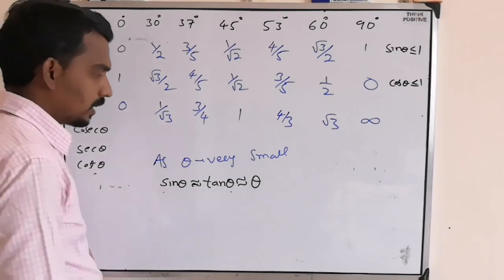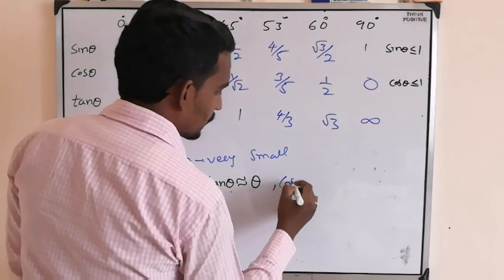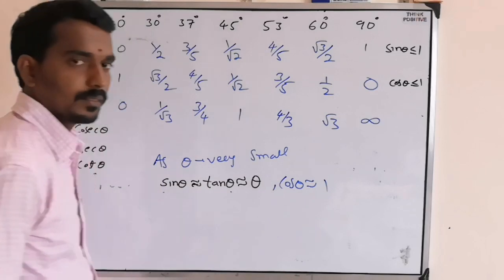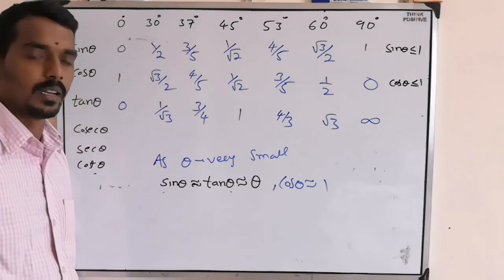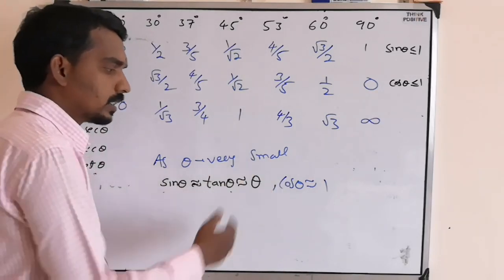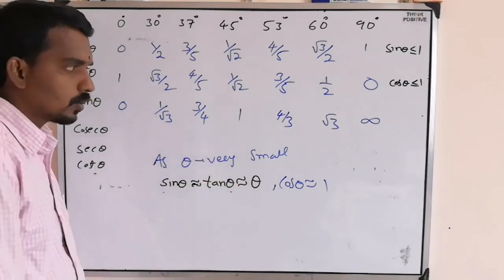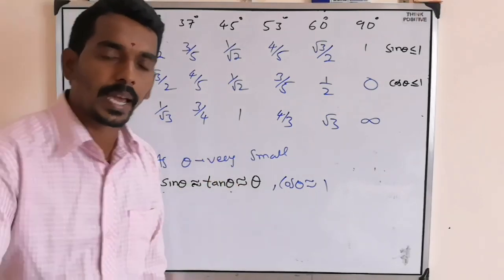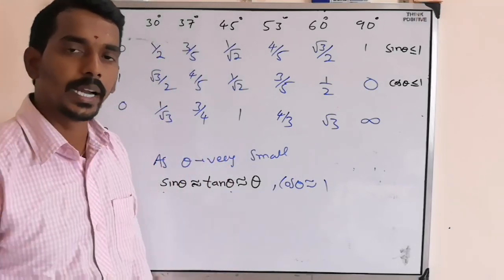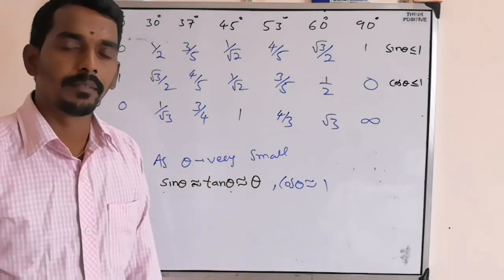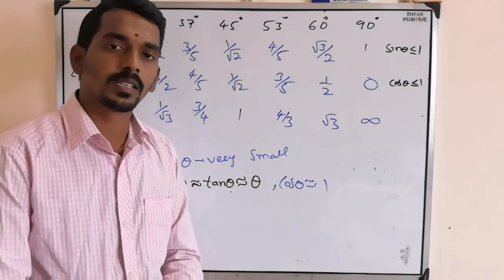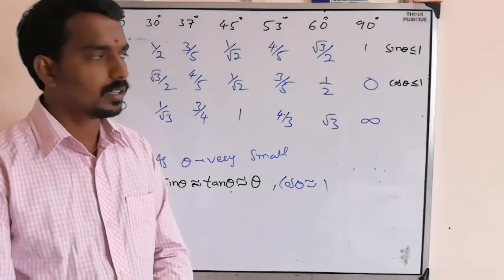So you can approximate cos theta to 1 when theta is very small. So this is the way you can take approximation. This is also one important relation. Many times you will get this in deriving many derivations in different chapters of physics, right?